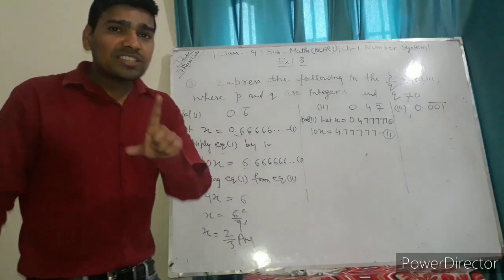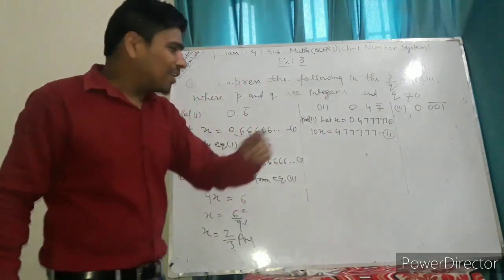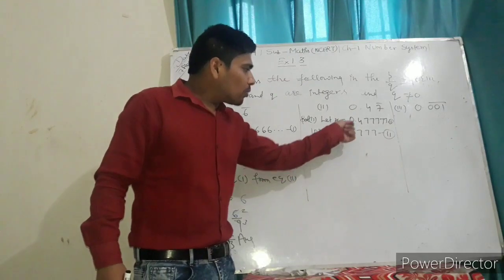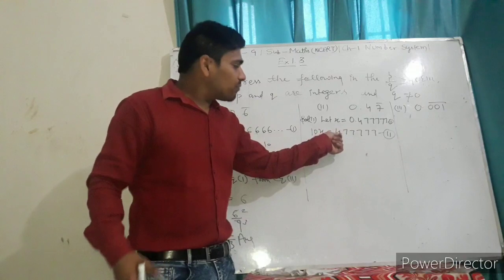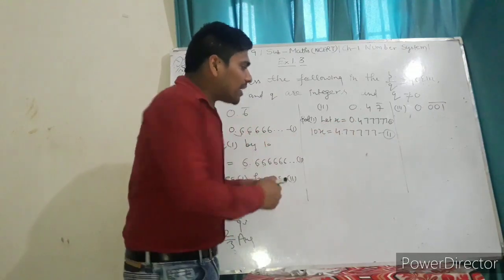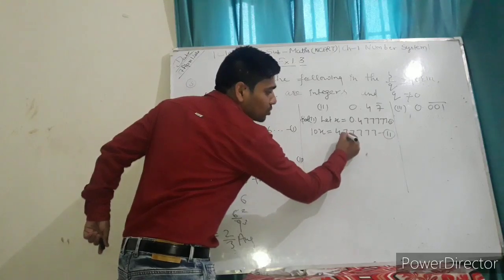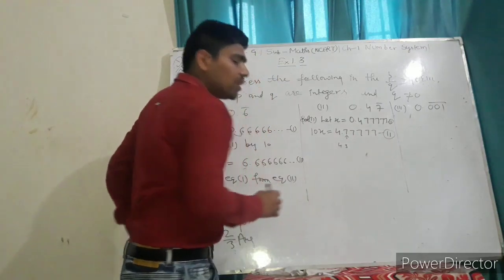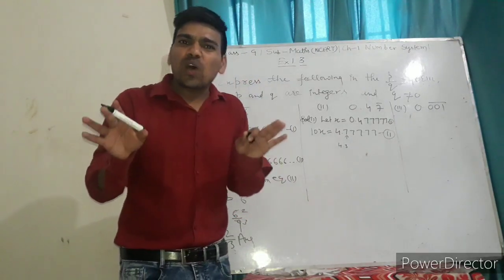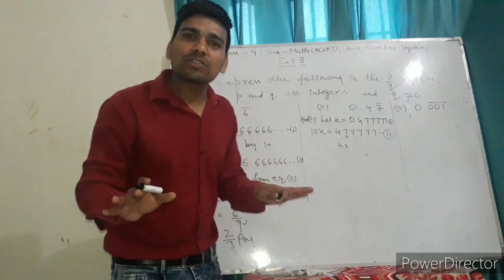Now if we subtract here, 10x minus x, 9x, it is okay. But what will be here? 4 minus 0, it will be 4 point. But when you subtract 4 out of 7, this will be 3, so the result will be 4.3. But we do not need the result in decimal form.